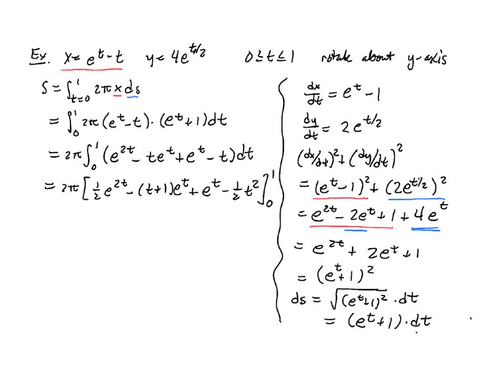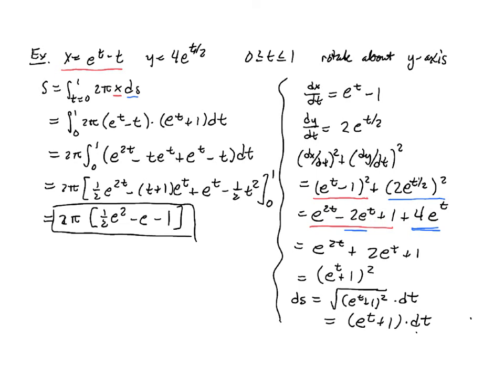And if you work it out when you plug in t equals 0 and t equals 1, this simplifies down to 2 pi times (1/2 e squared minus e minus 1). So that's the actual surface area obtained by rotating that curve.